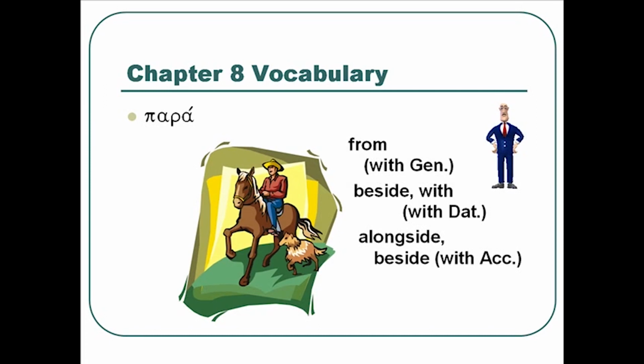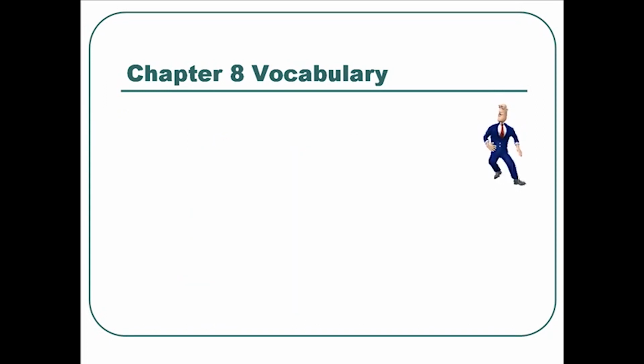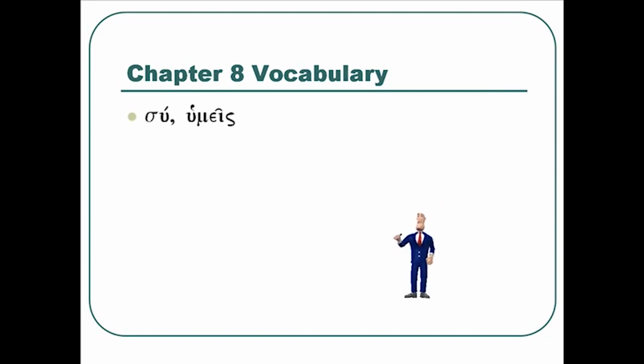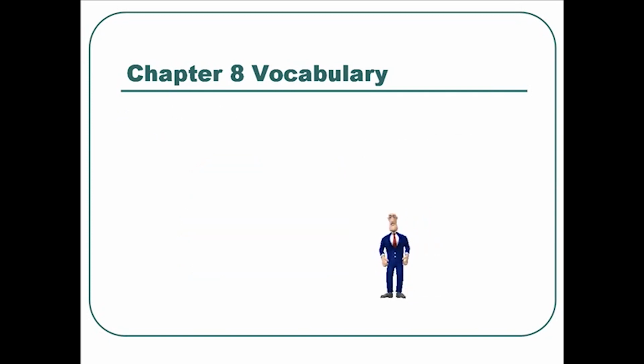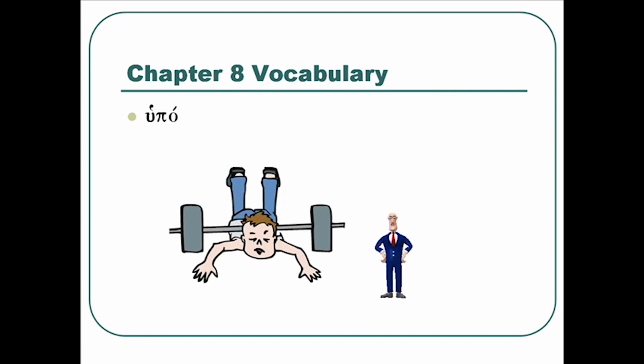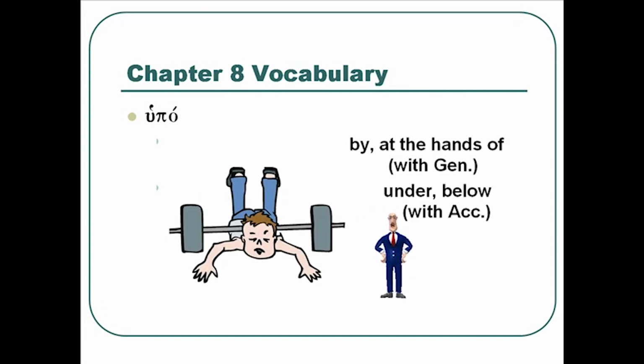So it, like epi, is a three-case preposition. The ninth word is su, humeis, and it means you and you plural. And our tenth word is hupo, and it means by, at the hands of with the genitive, and under, below with the accusative.